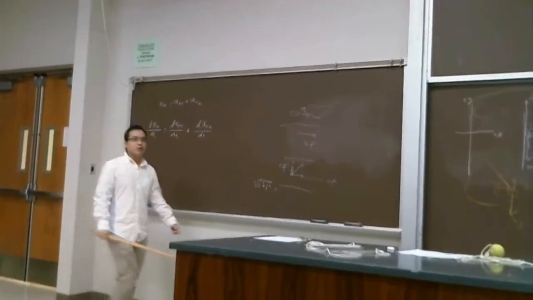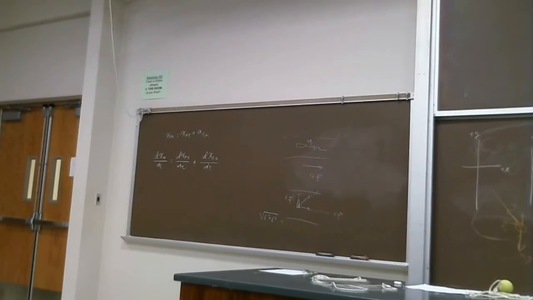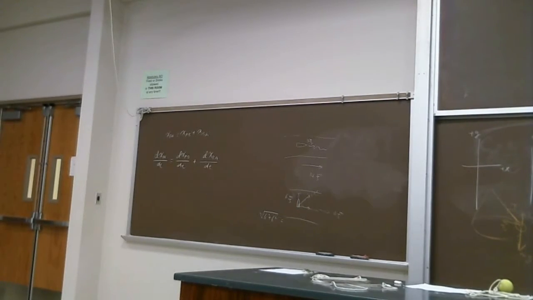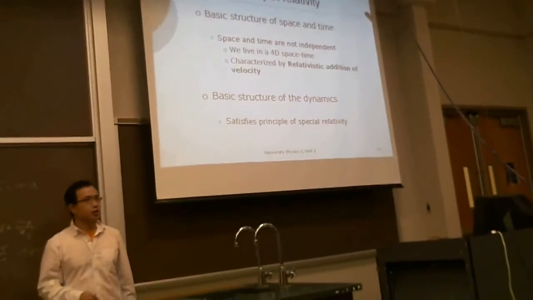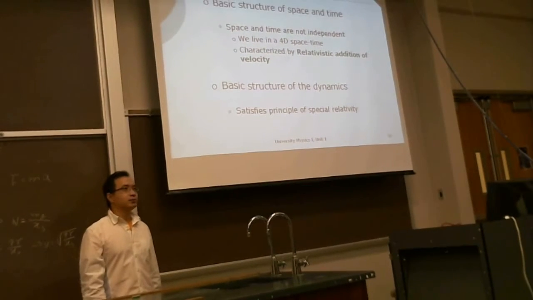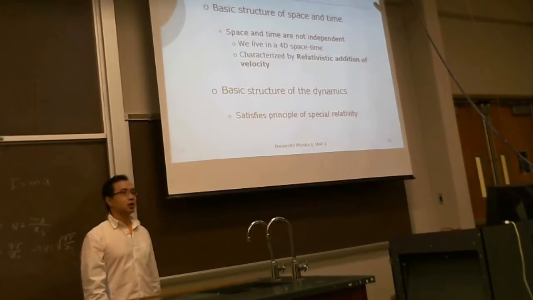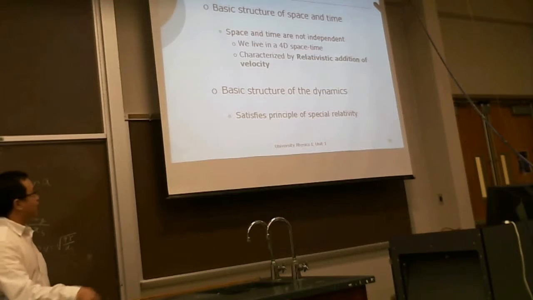The velocity addition wouldn't be 1 plus 1. You will get a very complicated addition rule, the relativistic addition of velocity. But this complicated calculation will give you the speed of light, and in any reference frame, it will give you the same velocity.